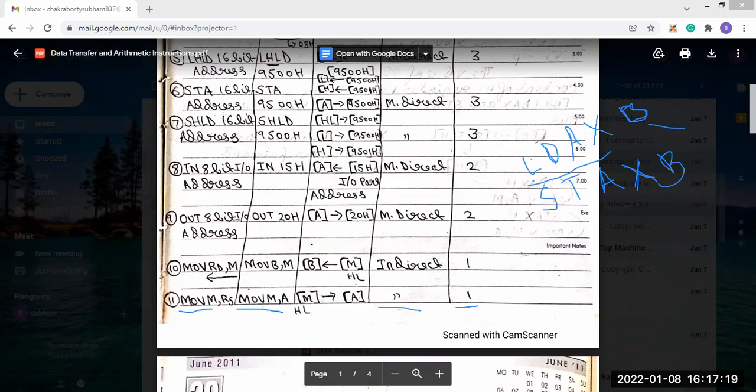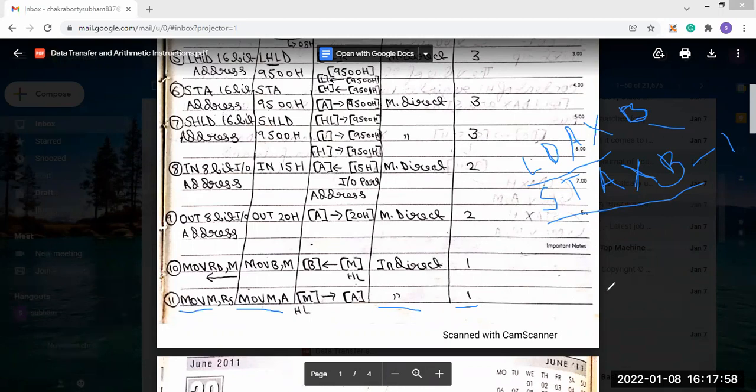This is indirect addressing, because a memory address pointer is used. If a memory address pointer is there, it will be indirect addressing mode. But the byte length will be 1 because no numerical value is present. So what does STAX B mean?